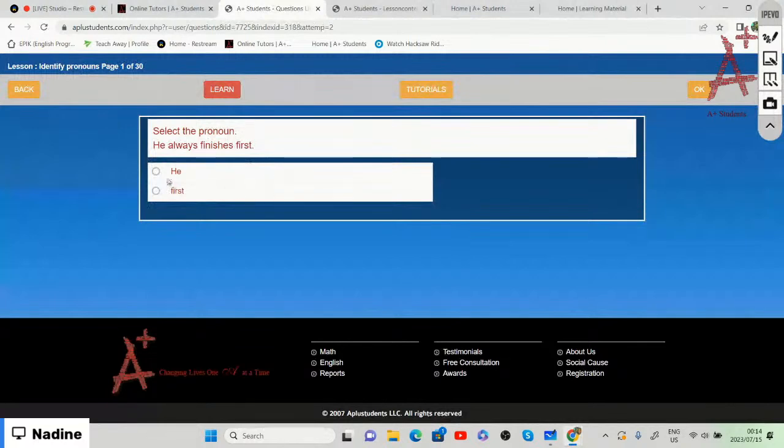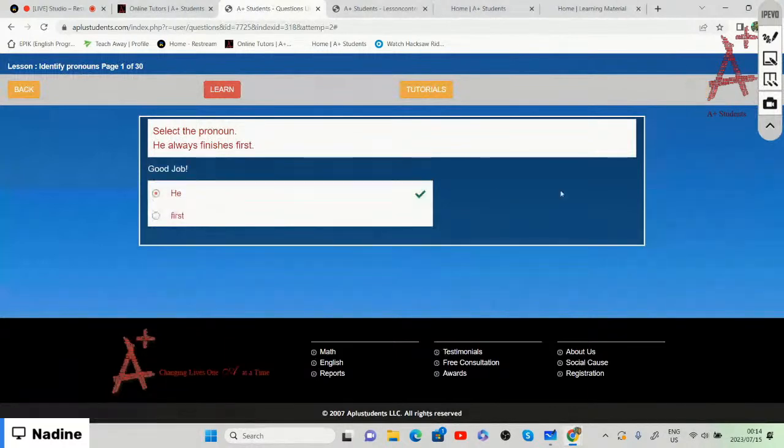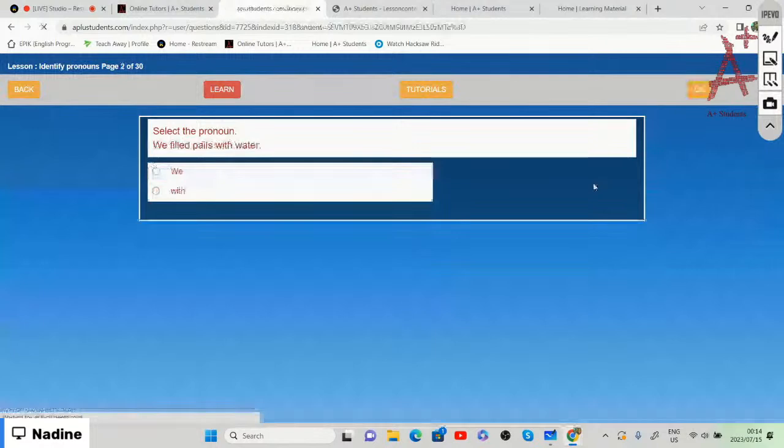We need to select the correct pronoun that takes the place of a noun. So if we were to select the pronoun, we would select he, because it takes the place of a noun.